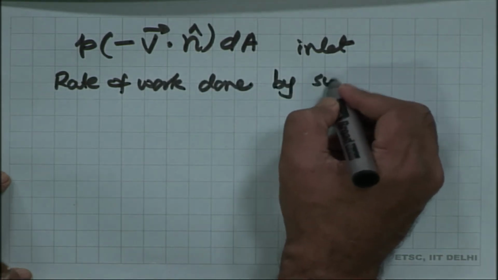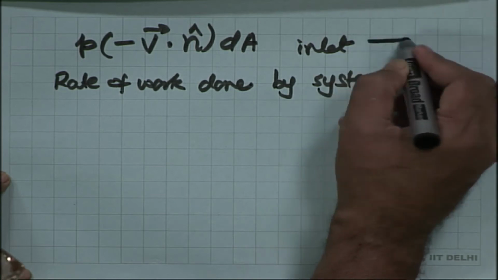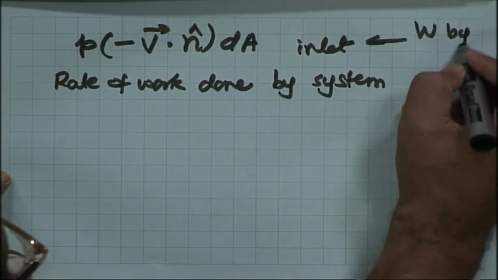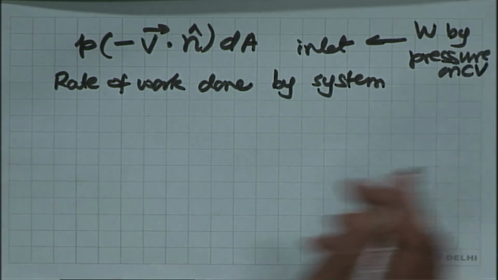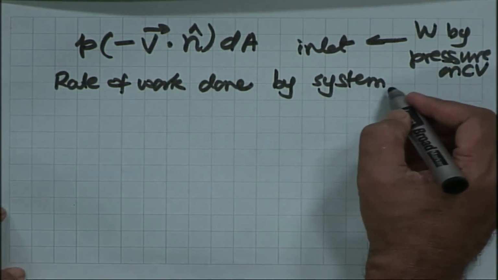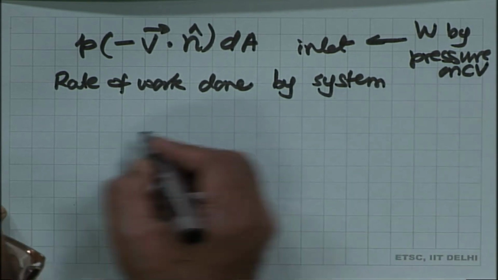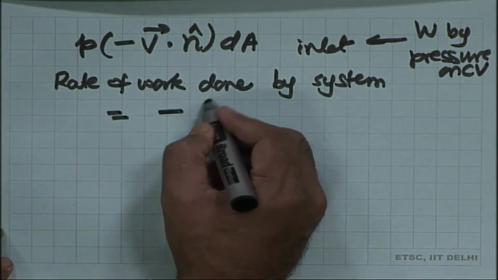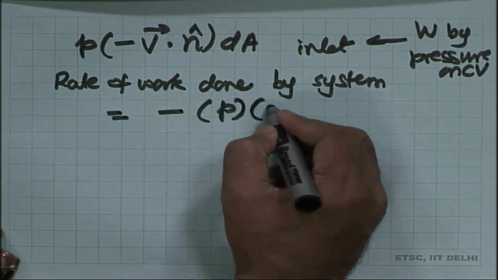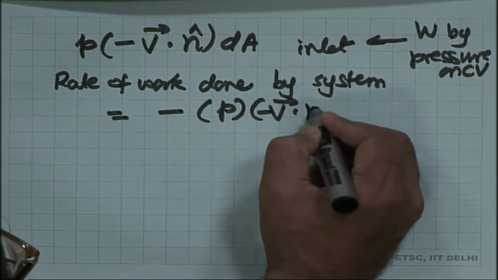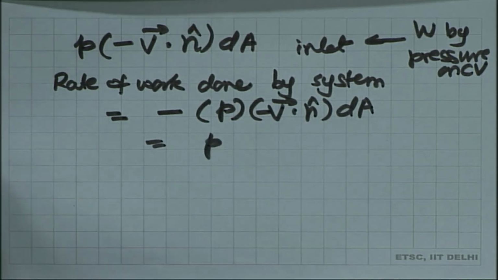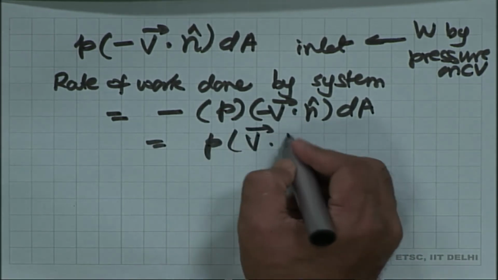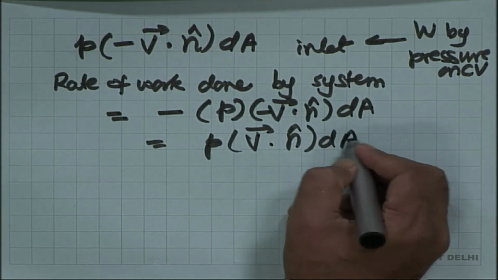by the system. So, this was the work done by pressure on the control volume. So, the rate of work done by the system which is in the control volume will be equal to minus of P times minus V dot n dA, and this will be equal to P times V dot n dA.